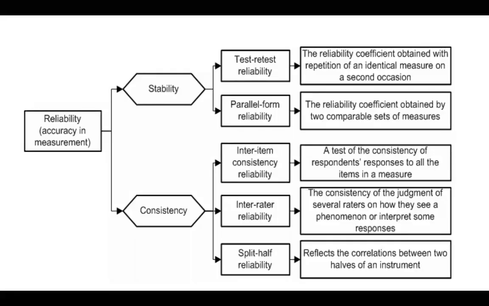And so this is a nice little graphic, just to let you think about, when we're talking about reliability, we can talk about it in terms of stability, meaning that the response is going to be pretty steady over time. And we also can think about reliability in terms of consistency, which is more about, is our measurement consistently remaining the same?